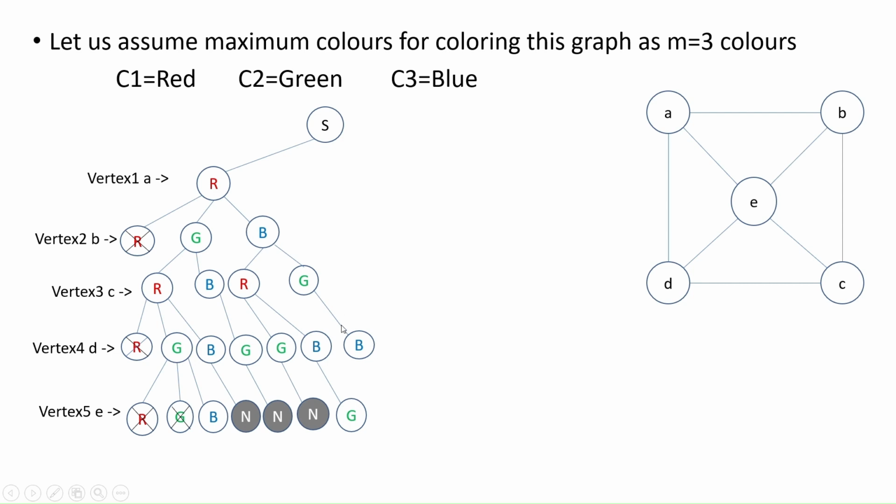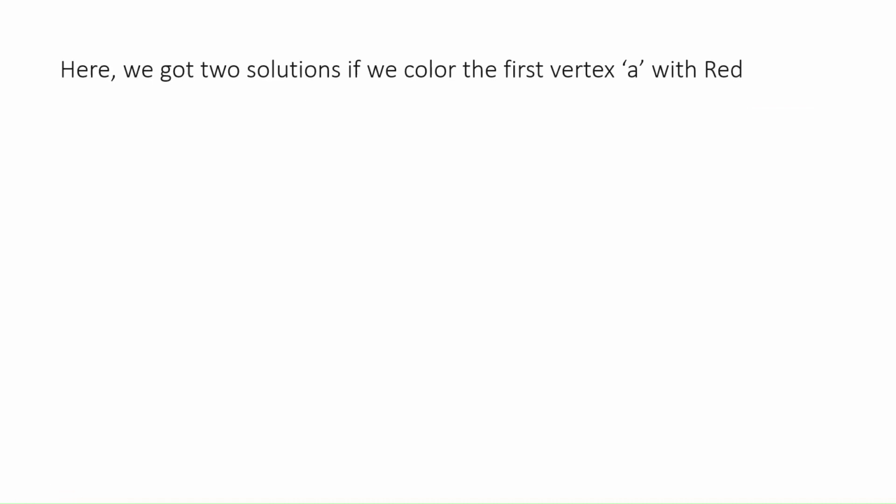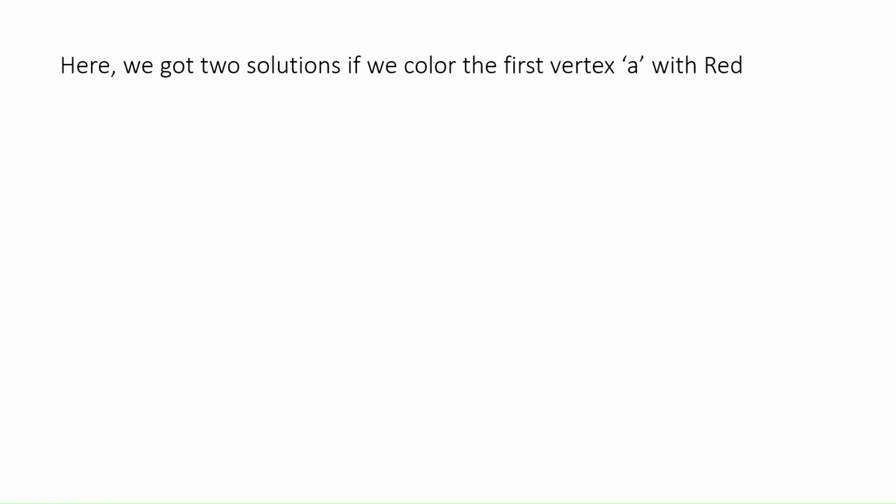All three colors are used here. So again it is not possible to color this fifth vertex. Now we are going back to the first vertex. Here we got two solutions if we color the first vertex A with red.